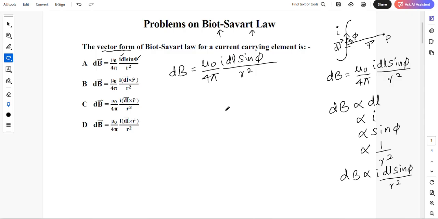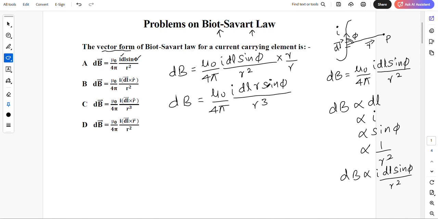Now how to find the equation which is in the vector form? dB is equal to mu naught by 4 pi, I can write I dl r sin phi, for this one divide and multiply by r, divided by r cube.